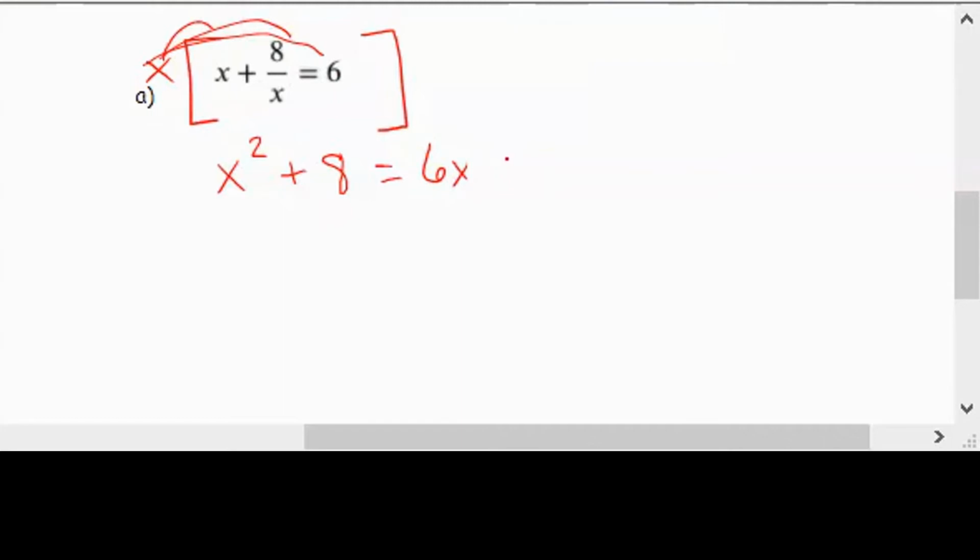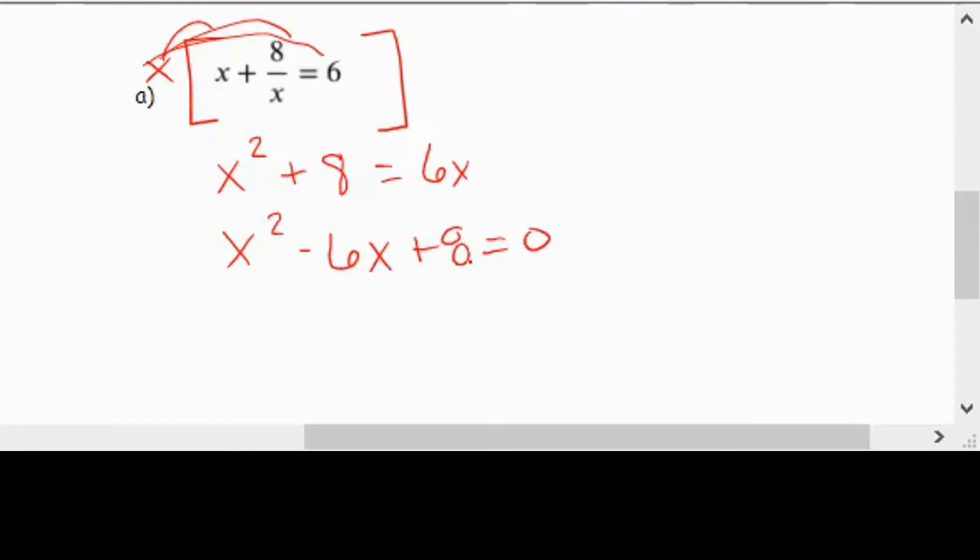Our second step says to solve using algebra. Well, if you notice here, this is a quadratic equation. So we need to use some of our quadratic solving strategies to help us with this. So we're going to set it equal to 0 because I want to try to see if I can factor or something like that. So I'll bring the 6x over and I will write this in standard form.